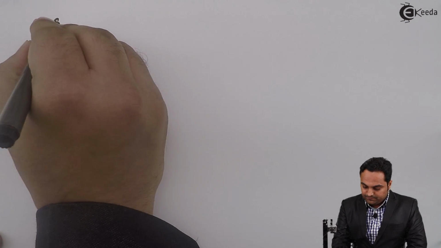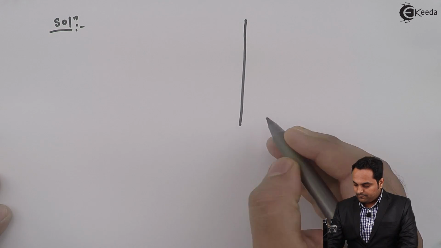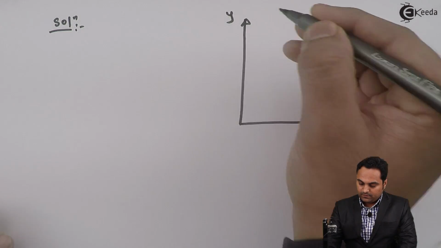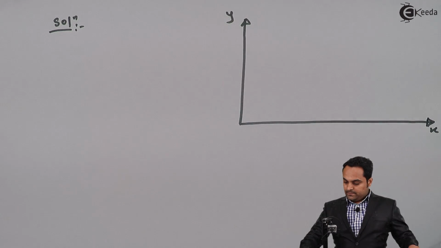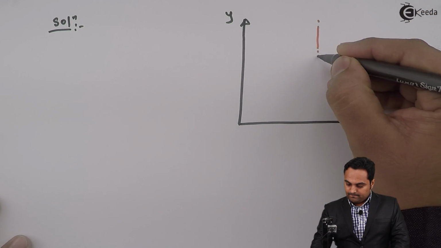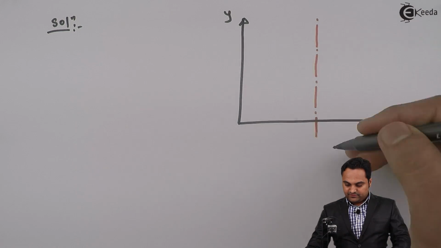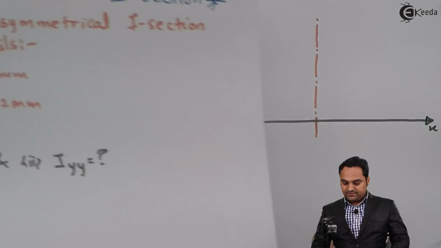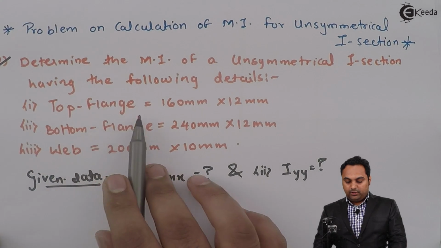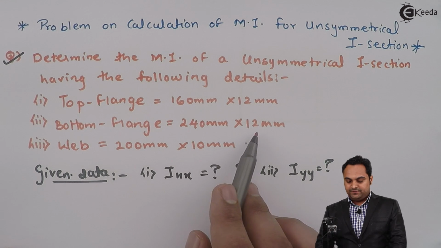Here in the solution, here we have x and y axis. This is the axis of symmetry for the I section. Now, if we look into the question, the top flange is less in dimension compared to the bottom flange.